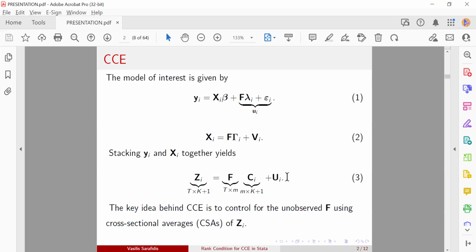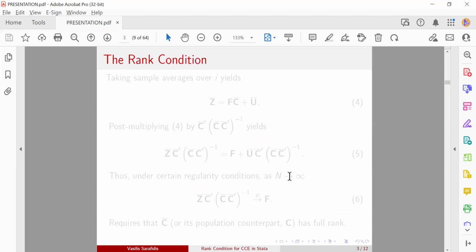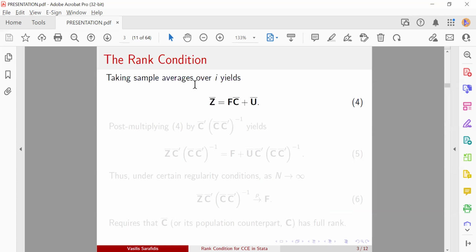Now, the key idea behind CCE is to control for the unobserved F using cross-sectional averages of Z. In particular, taking sample averages over i yields the following equation in terms of Z bar. So Z bar denotes the sample average of Z_i.